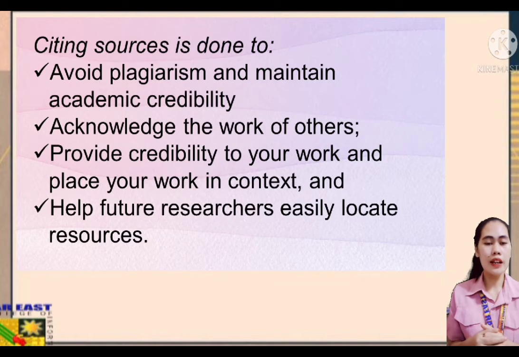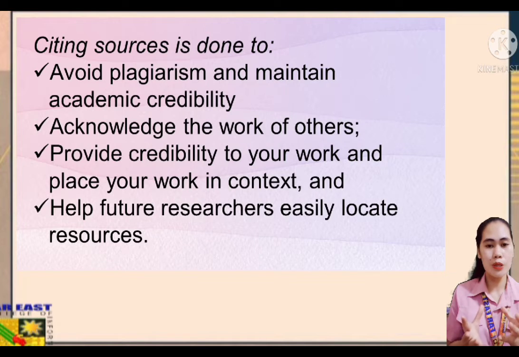So, kapag gumamit tayo ng citations, makakatulong ito for other researchers na kailangan din ng informations na nakuha natin from other people. Okay? Makakatulong ito sa kanila para ma-direct sila doon sa original location ng informations na ginamit natin.